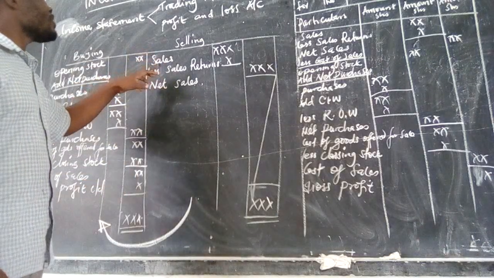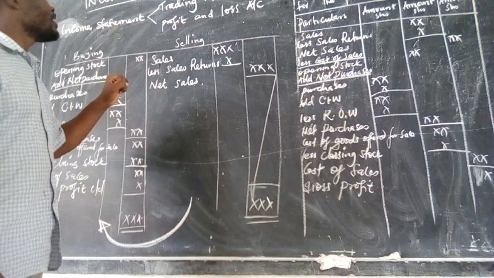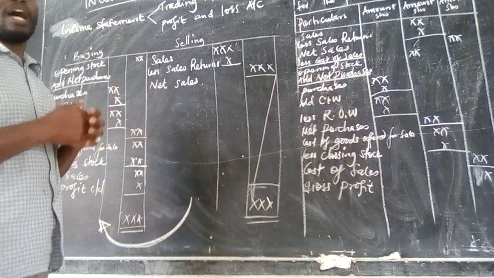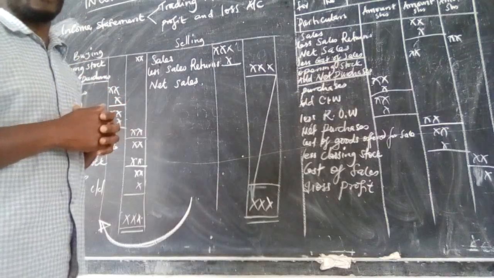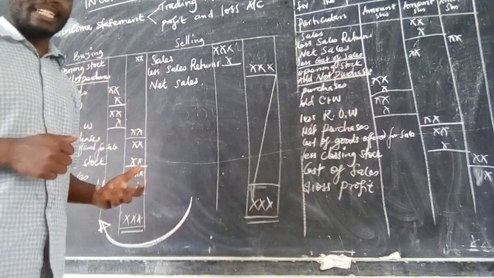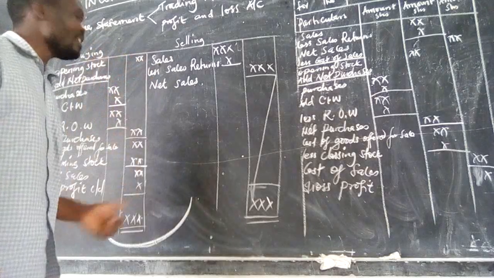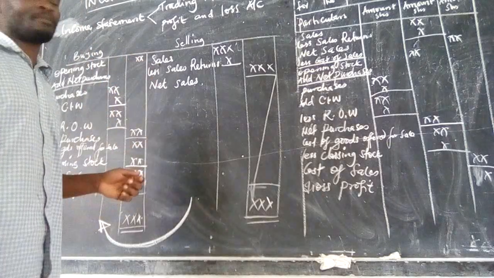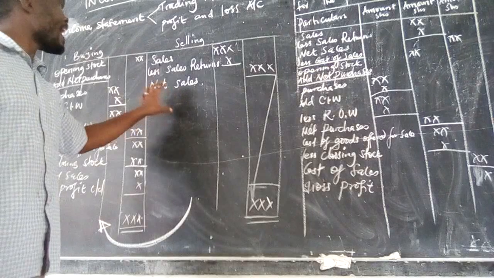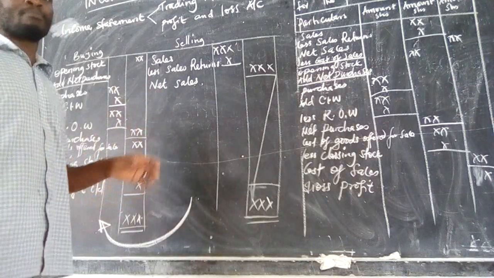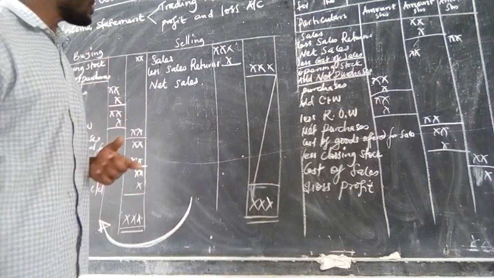In instances where I want to get to know the actual goods sold and not returned, I have to subtract sales less returns inwards. Those are sales returns. For me to be able to get the actual amount of money got from goods sold.